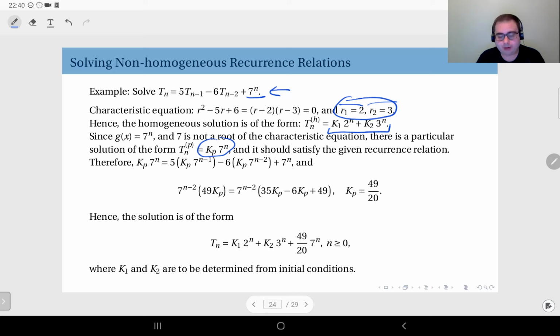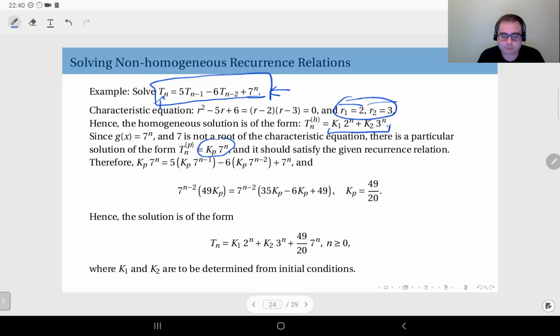And by definition, a particular solution is a solution. So what that means is if you plug it into this entire recurrence relation, it will satisfy it. So just do that.